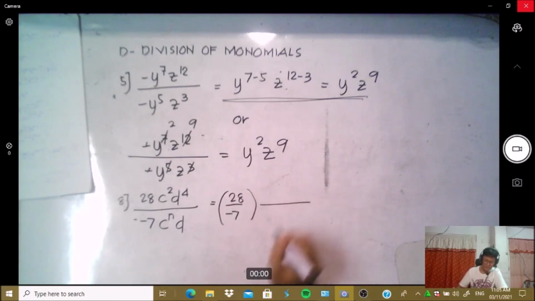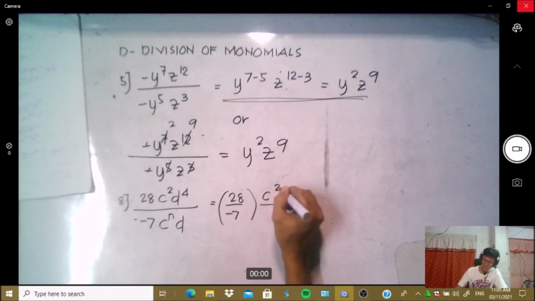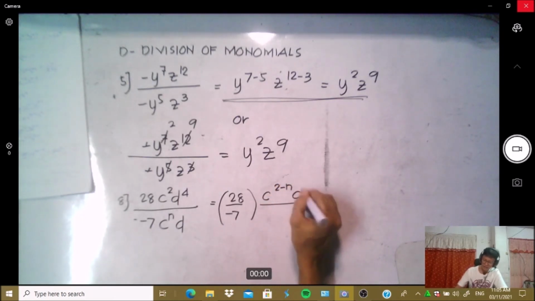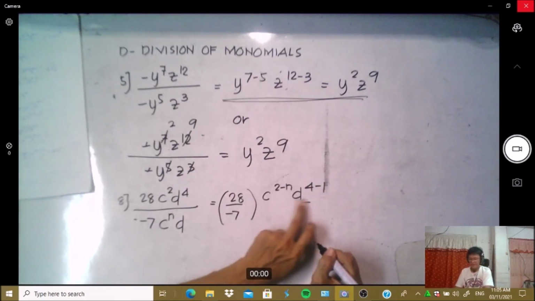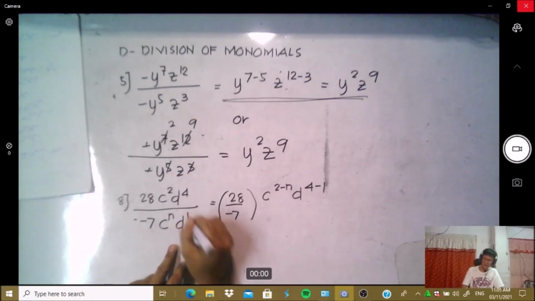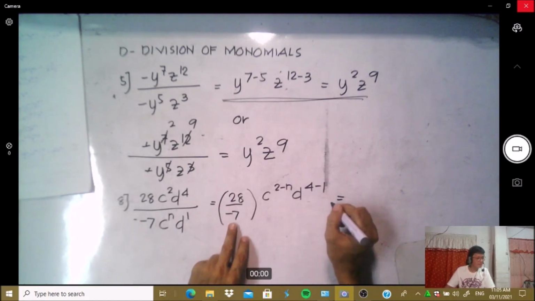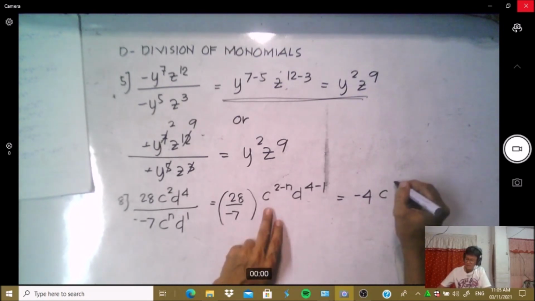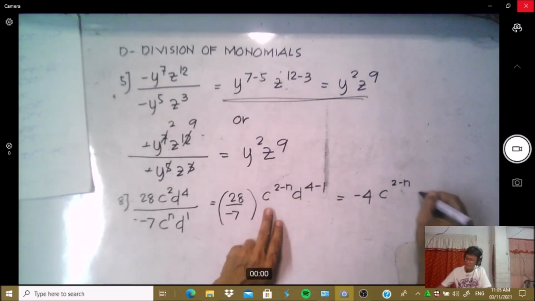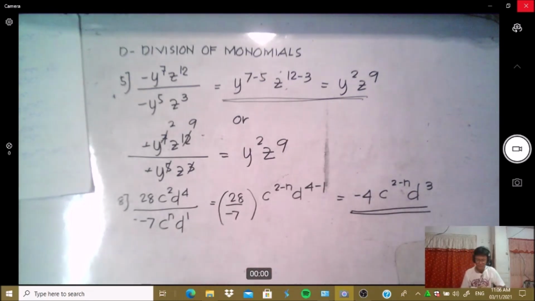Then we have c raised to 2 minus n, then d raised to 4 minus 1. Okay, so there is 1 here. And therefore, we have 28 divided by negative 7 is negative 4. And we have c raised to 2 minus n, then d cubed. Okay, we can have this answer for number 8.